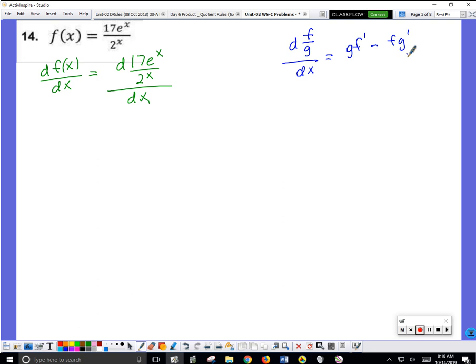I memorize the product rule first, which is very straightforward. Then I do the exact same thing for the quotient rule except subtraction, because division is more like subtraction. And you also have to remember that you must have a quotient still, so you divide by g squared. That's the quotient rule on the green sheet.